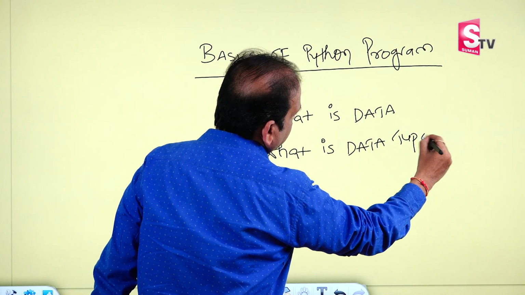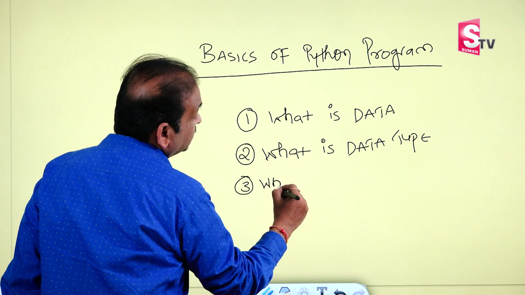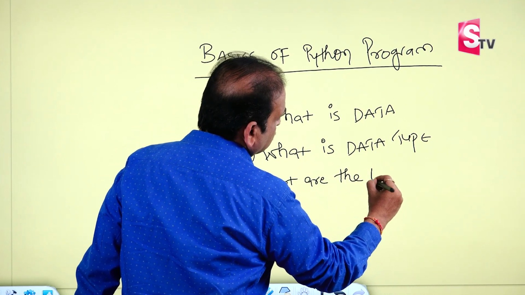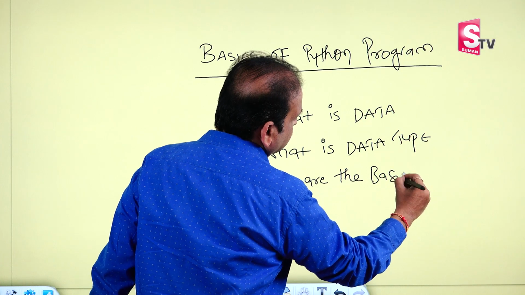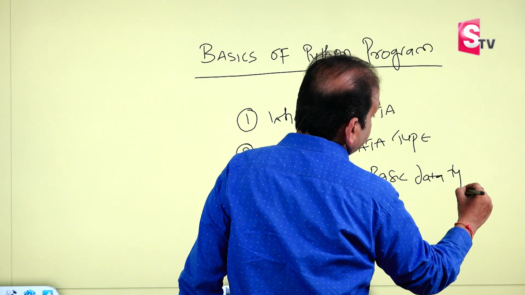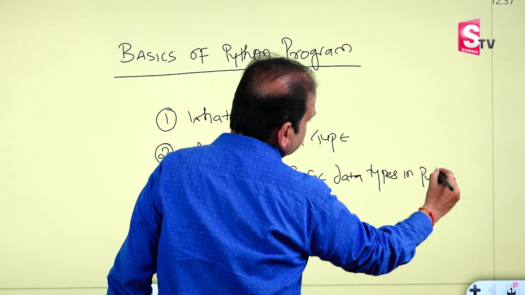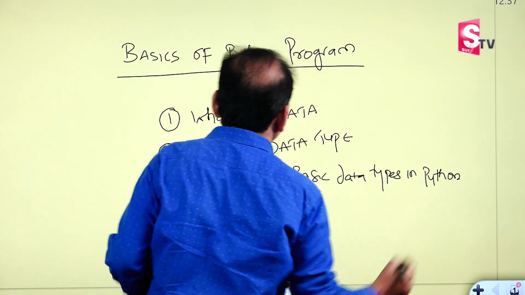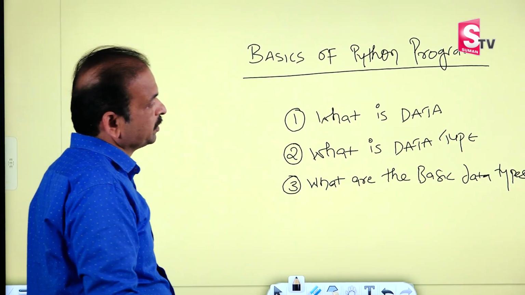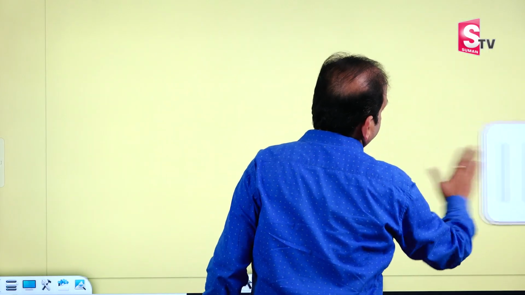And third, you must know what are the basic data types available in Python. So we'll learn these three concepts: what is data, what is data type, and what are the basic data types in Python. So we'll start with data. What is data?